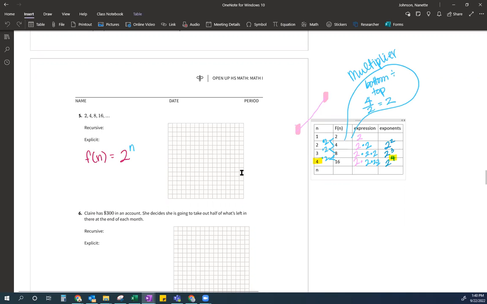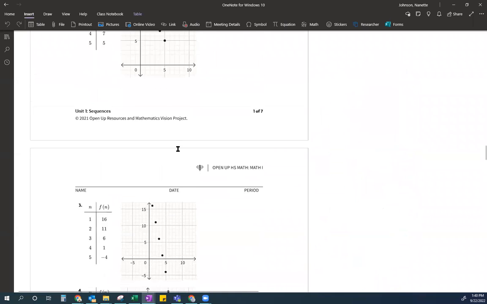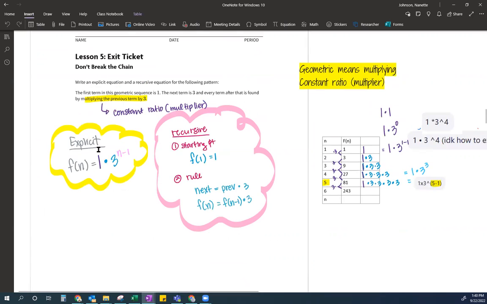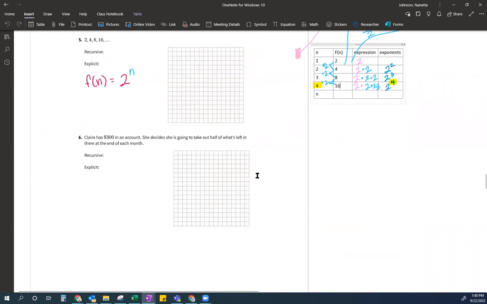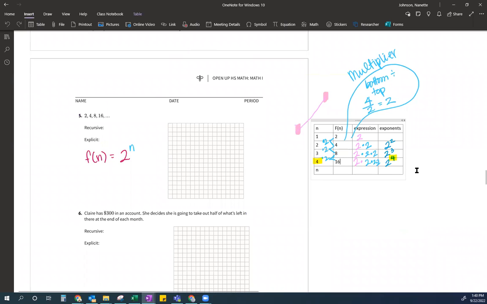Now, some of you are like, wait a minute, Miss Johnson, what happened to this guy? Like the 1, where's he? Well, you could write it in a different way, and hopefully this is not going to confuse you, but it still makes sense. If you look here, what's the same here? And you're like, that pinkish 2.